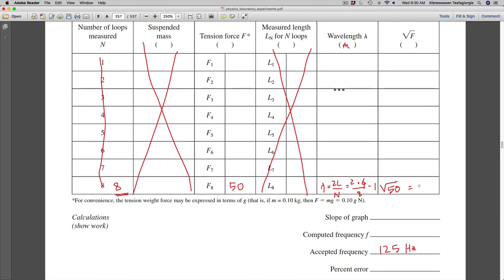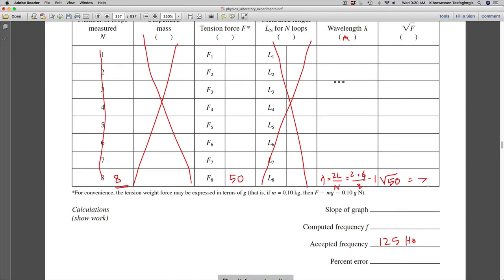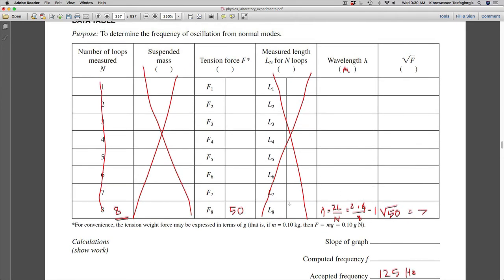This is going to be approximately 7.0 something. So you put your value here. Okay, I just showed you one example of how you can find the square root of f. If you find a set of f values and a set of lambda values, then you can simply plot the graph of square root of f divided by lambda versus square root of f.